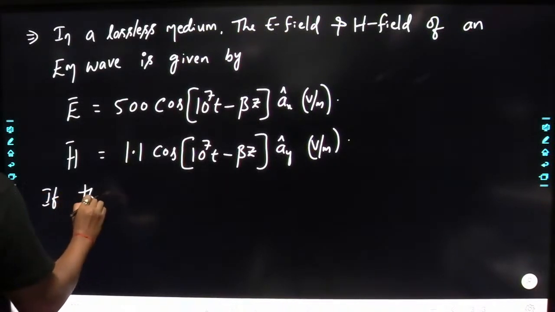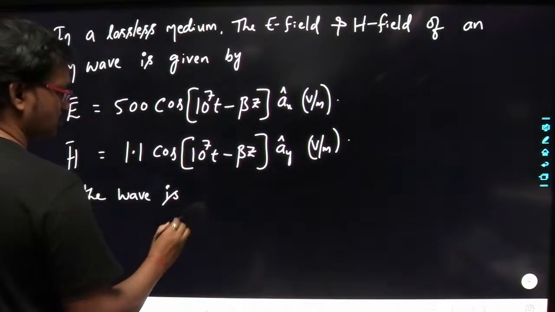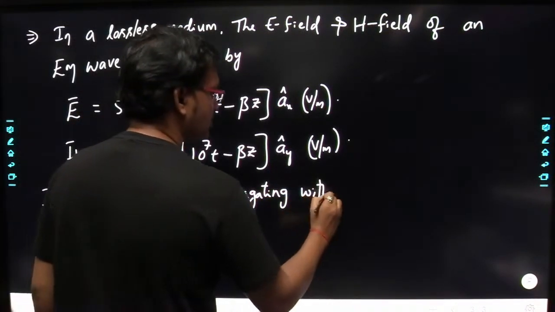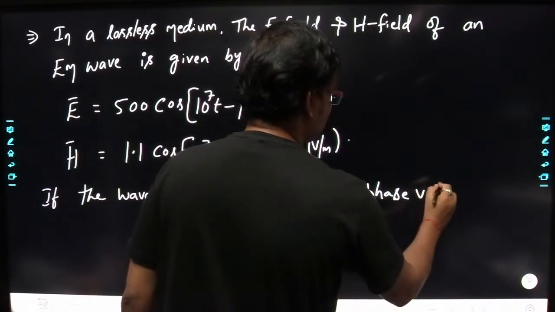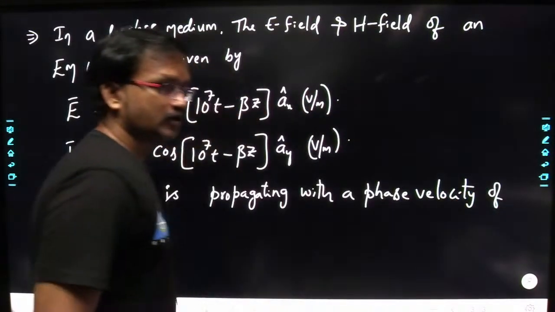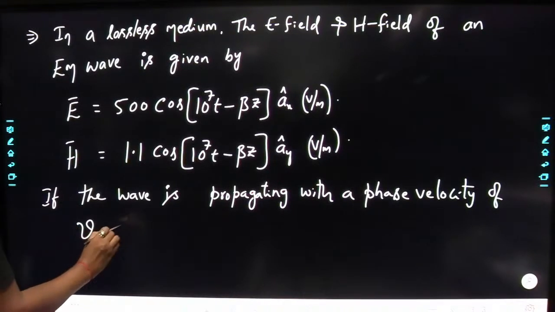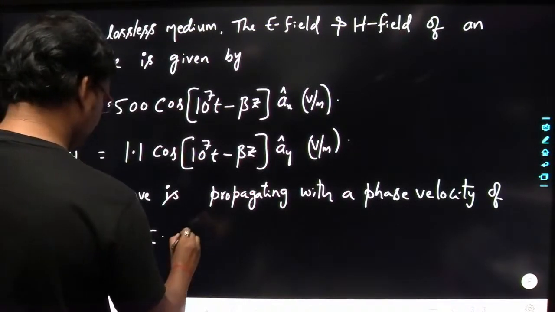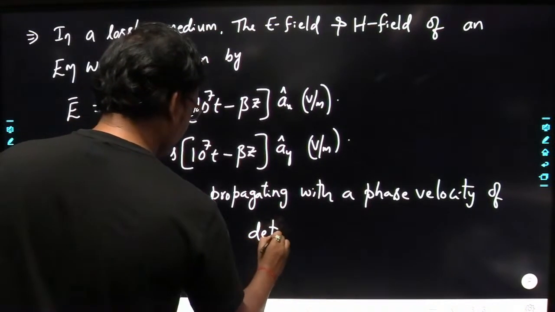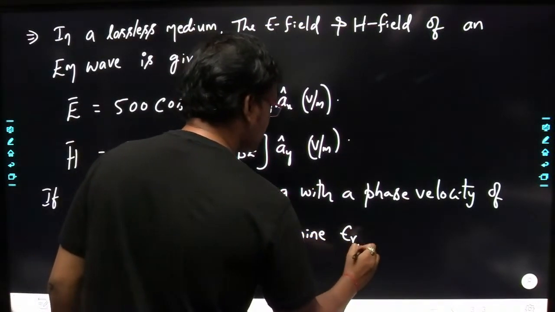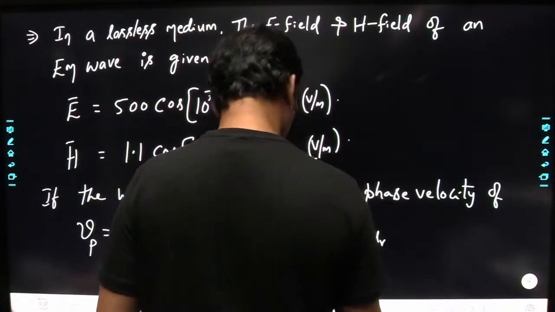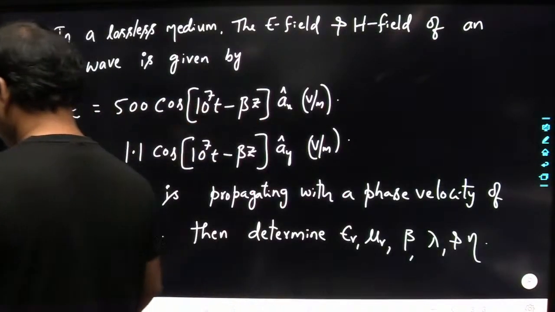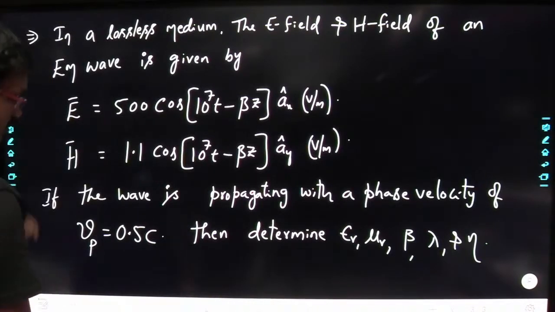If the wave is propagating with a phase velocity Vp equal to 0.5 times C, determine epsilon r, mu r, beta, lambda and eta.